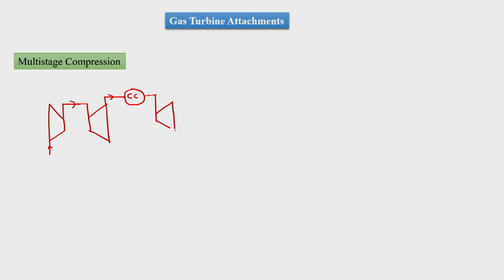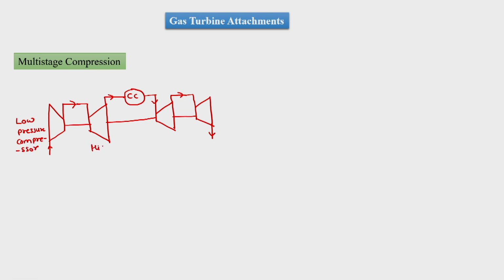So this is a specific arrangement where we have the turbine connected with multiple compressors. This is called the low pressure compressor, LPC, and this is the high pressure compressor, HPC.